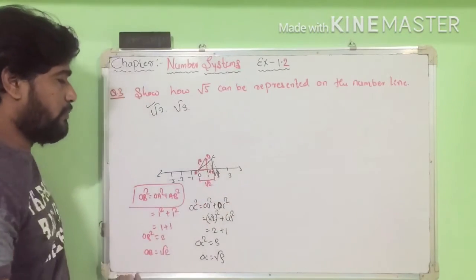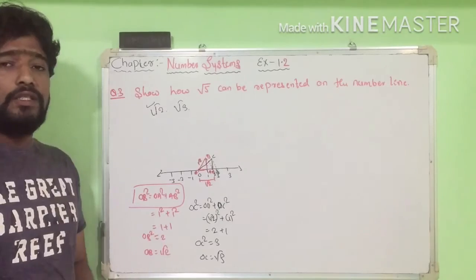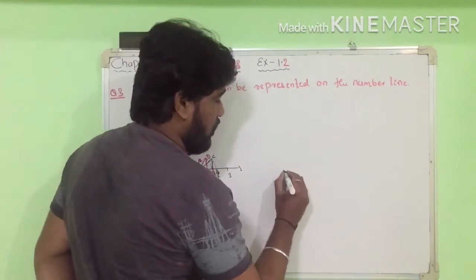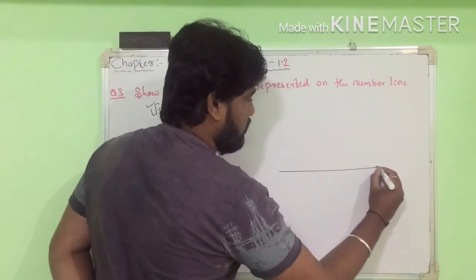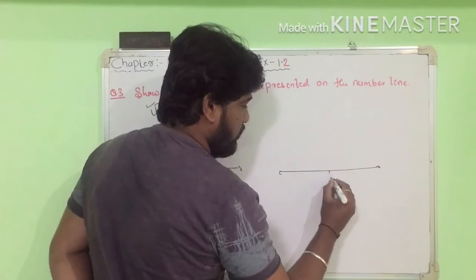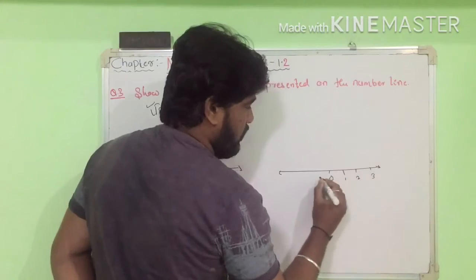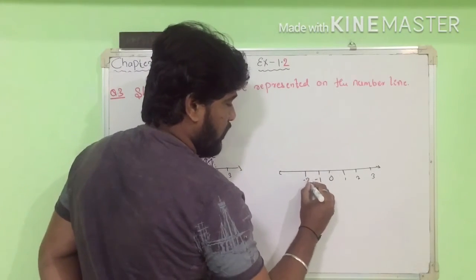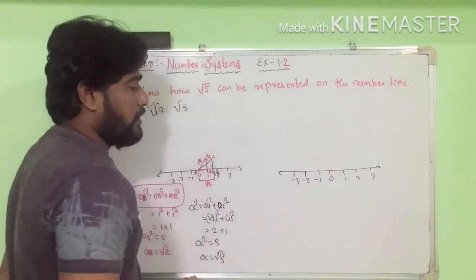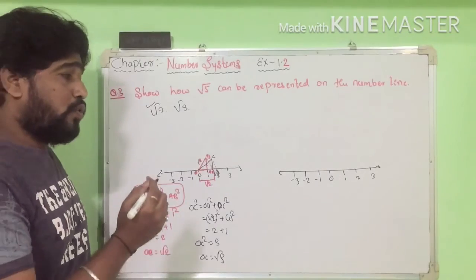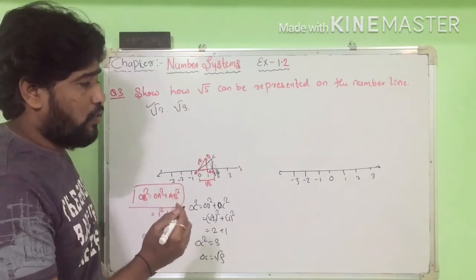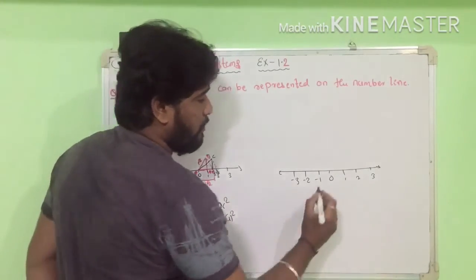Before root 2 comes that one, right? Root 5. So here first we want to draw one number line, right? So here is a number line 0, 1, 2, 3. Here -1, -2, -3. Then take a 2 unit length from 0 in the positive direction of the number line.